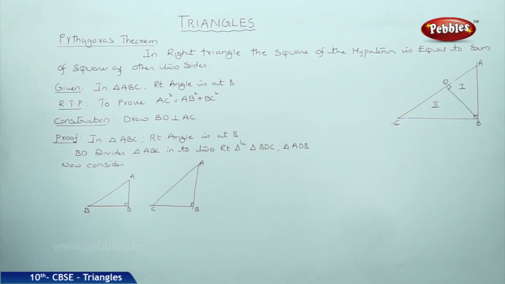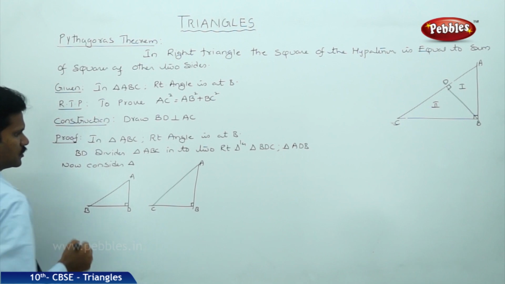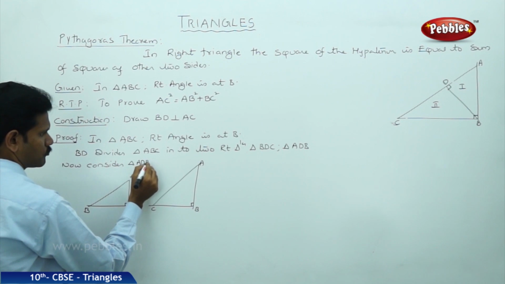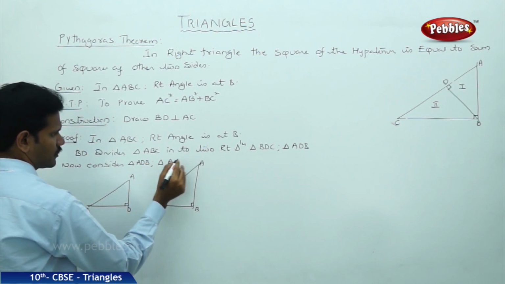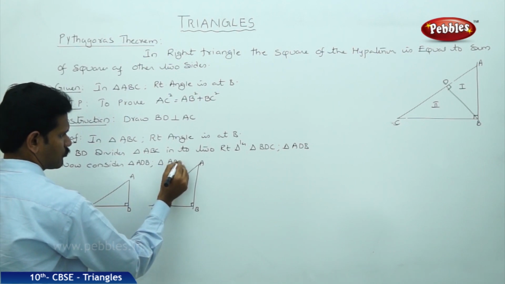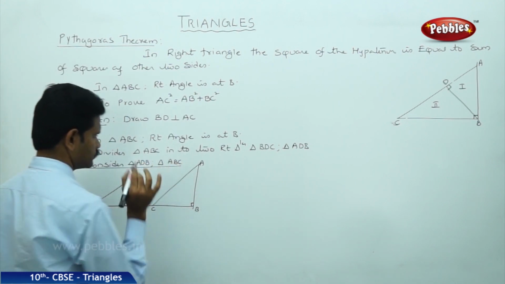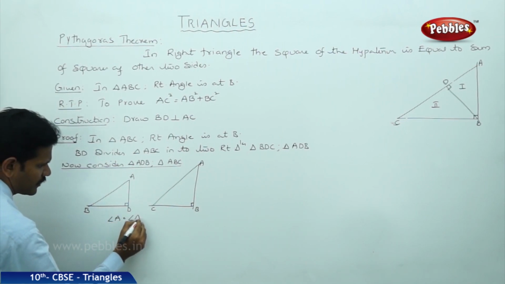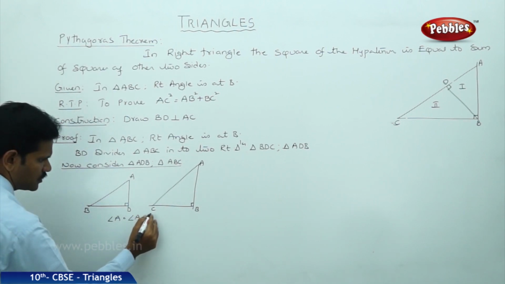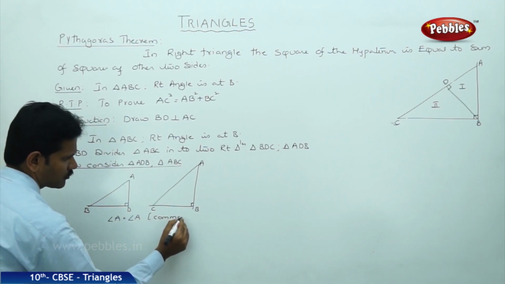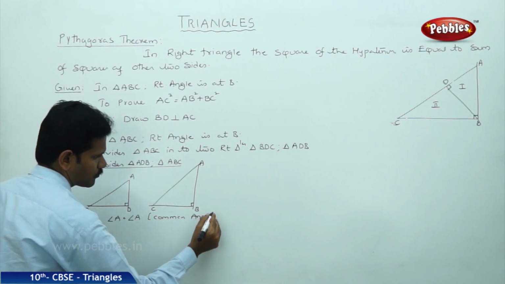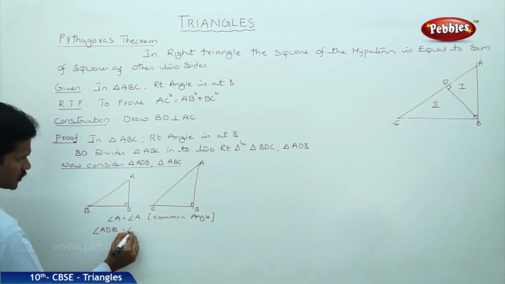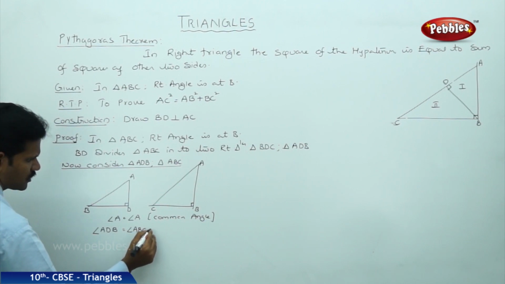Now consider triangle ADB, triangle ABC. Angle A equal to angle A, reason common angle, and angle ADB is equal to angle ABC equal to 90 degrees.